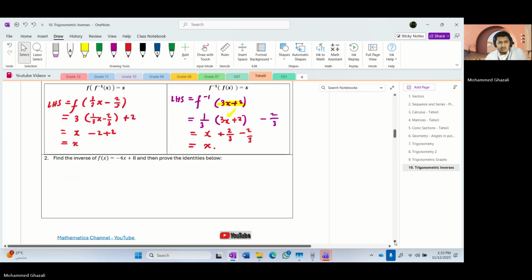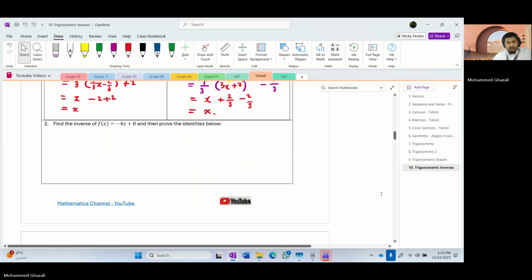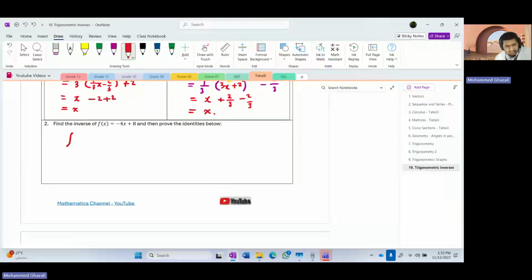Next one. Do the same thing by means of a second example. So we're going to find f inverse, the inverse function. What is the function f? y equals negative 4x plus 8. F inverse is a function x equals negative 4y plus 8.